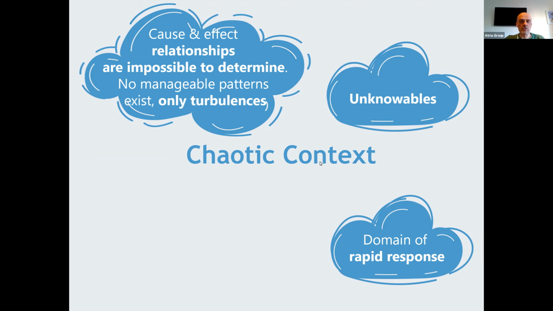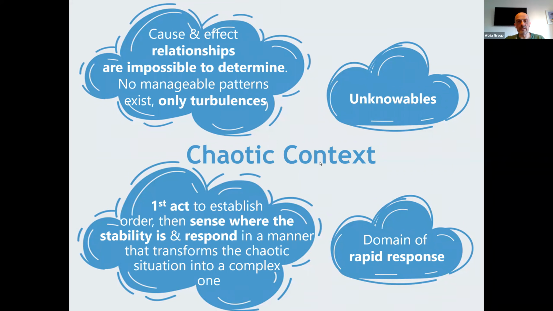So in such a situation, first, this is a context of rapid action. So we need to move and to sense where is the area of stability, and to try to respond in a way to transfer a chaotic context into a complex one, if possible.